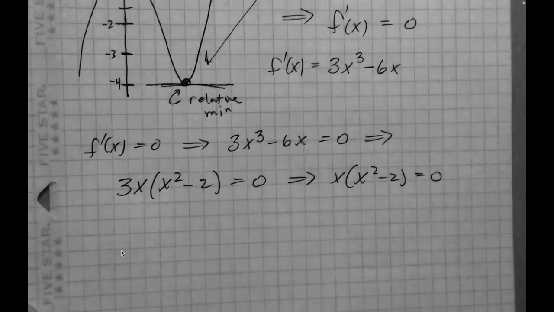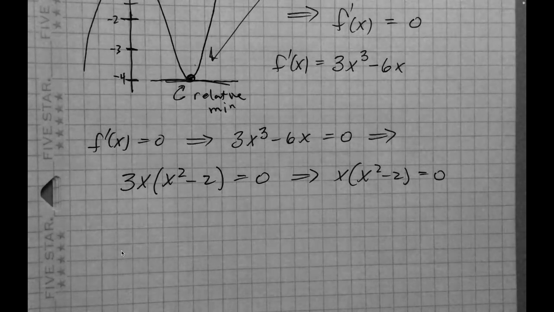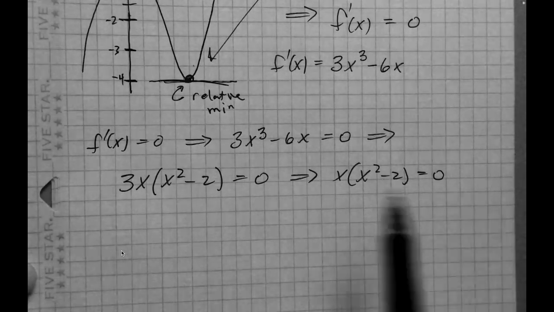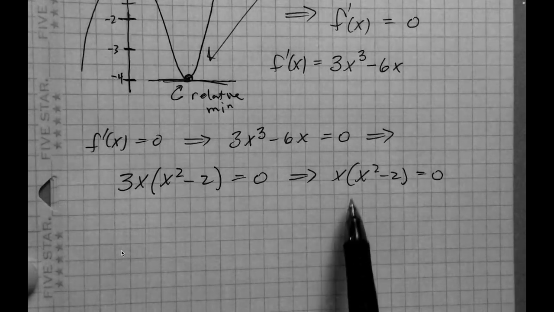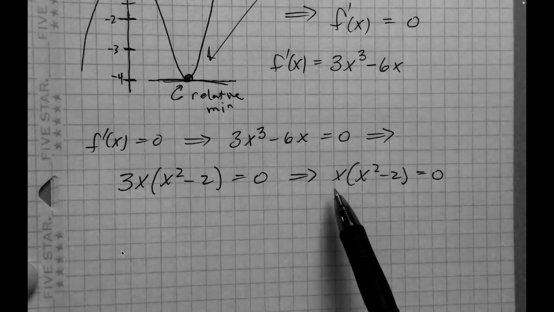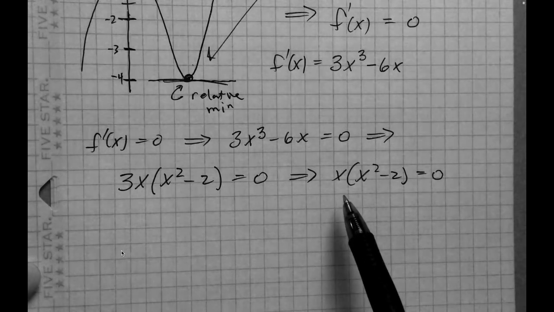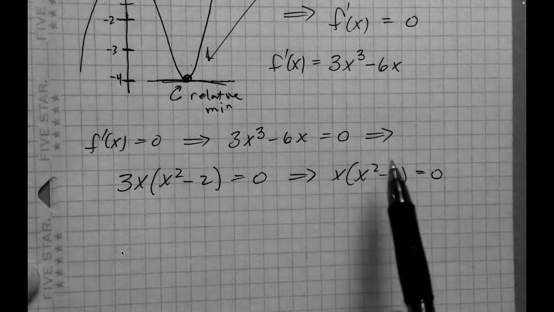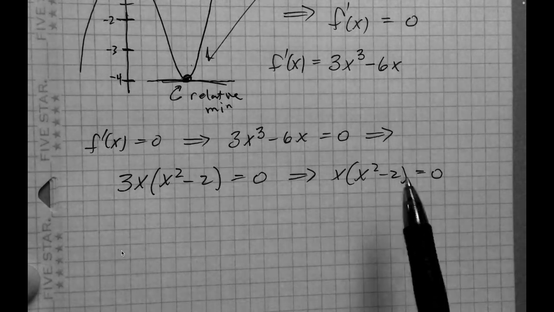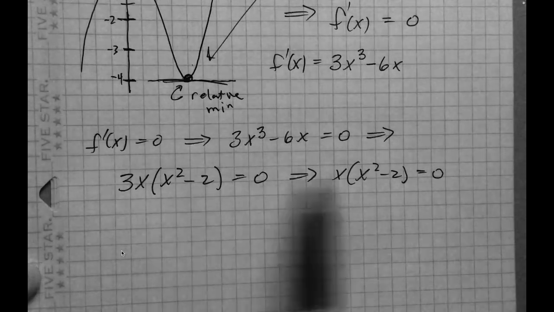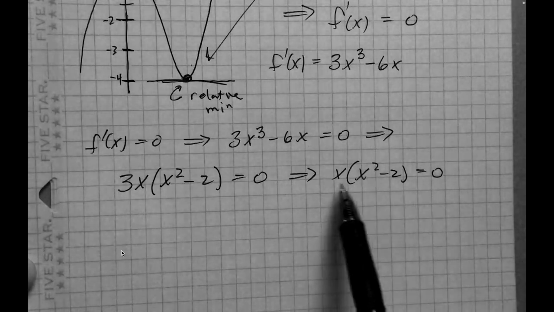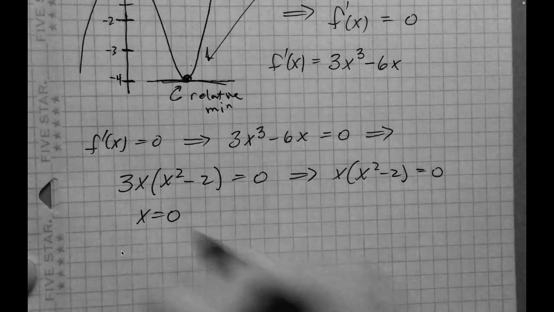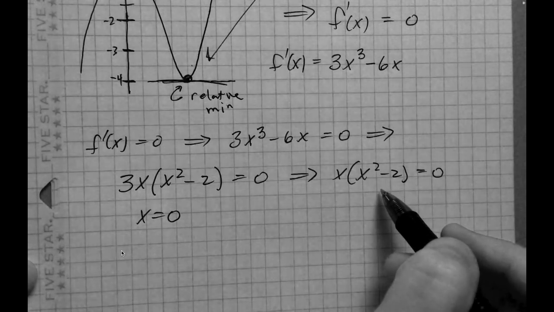So one of the zeros is obviously x equals 0.